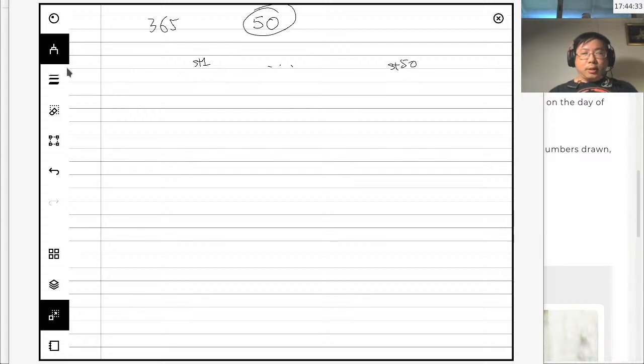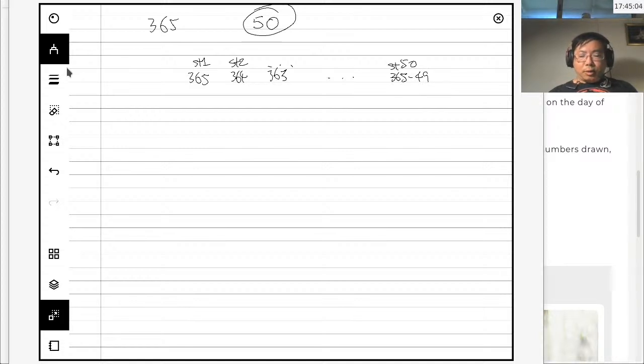Student one says, okay, I can choose any one of the 365 days. Student two says, okay, I only have 364 days to choose from because the first person chose one day already. 364, 363, and so on, all the way down to the 50th person. It's going to be 365 minus 49.